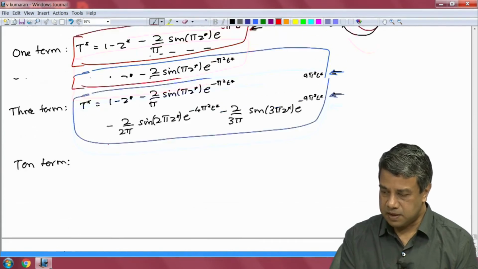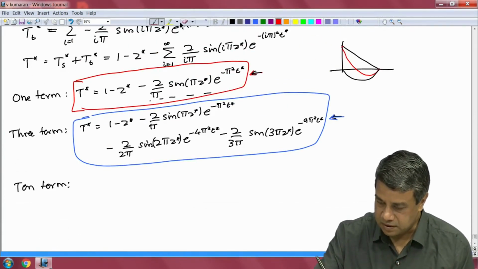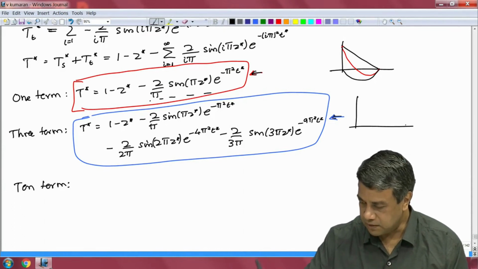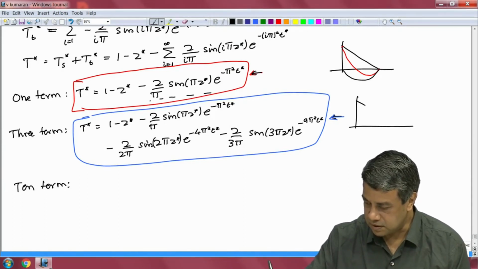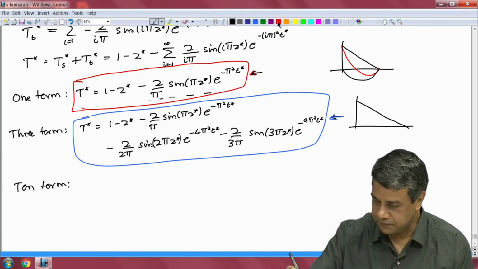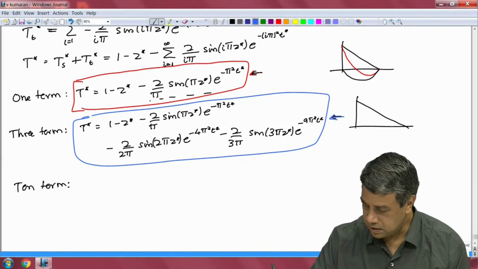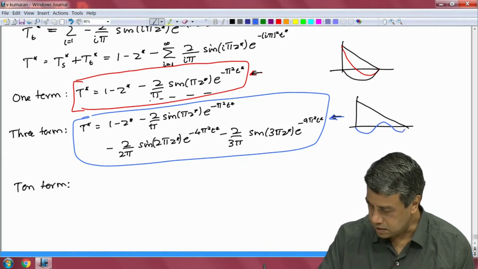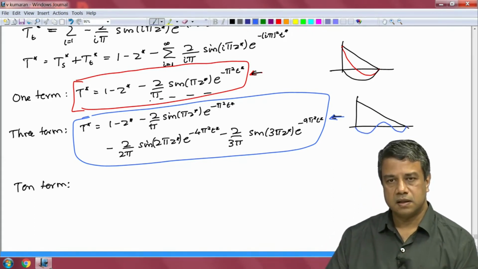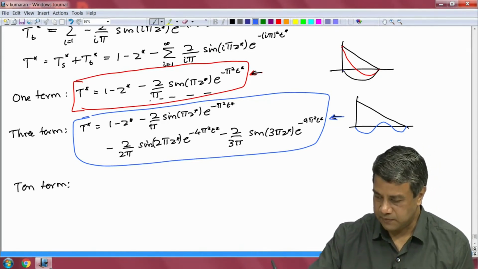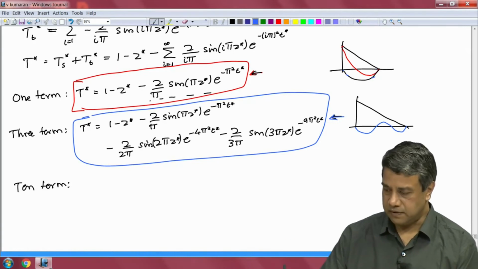The three term approximation is the sum of three waves. It is actually the summation of this one plus something that looks like this. It has this first term here, a second wave plus a third wave.